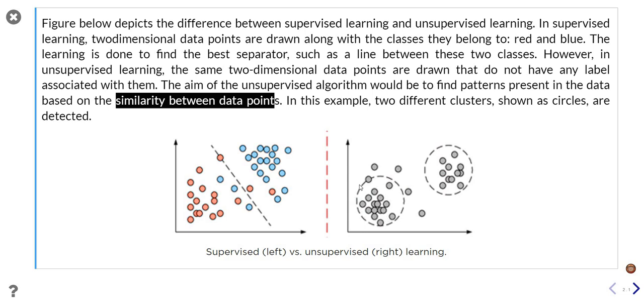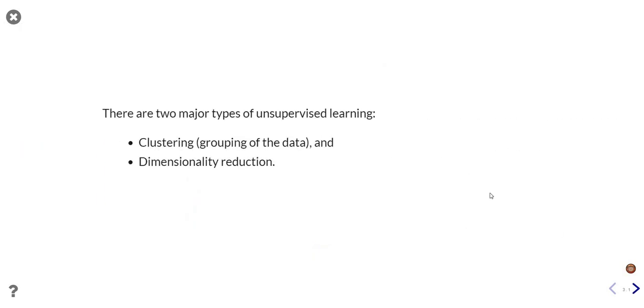In unsupervised, it tries to find the similarity between the data points and it forms clusters. So you try to find some kind of patterns here. This is one example of the difference between supervised and unsupervised.